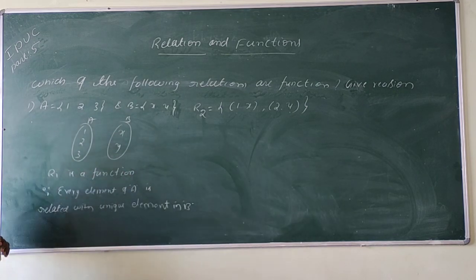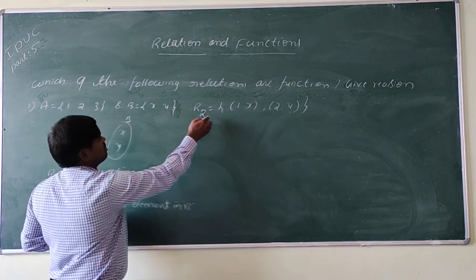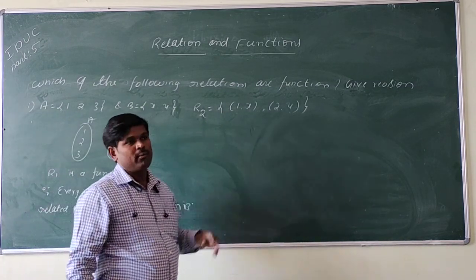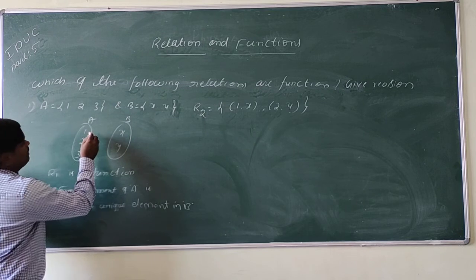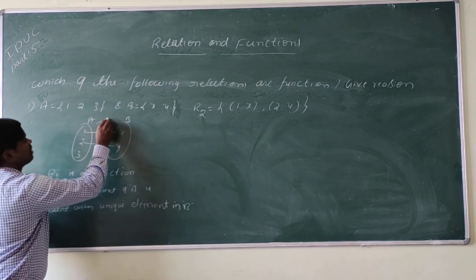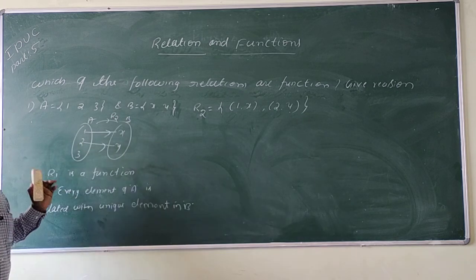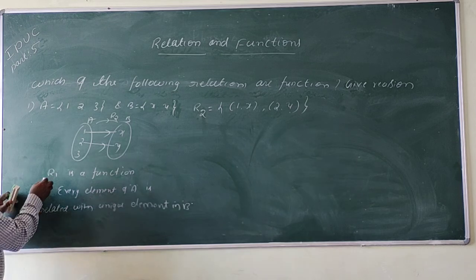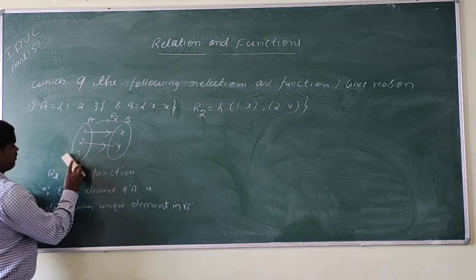R2 consists of the elements (1, x) and (2, y). So 1 is related with x, yes. 2 is related with y. Is this relation a function or not? No, it is not a function. R2 is not a function.